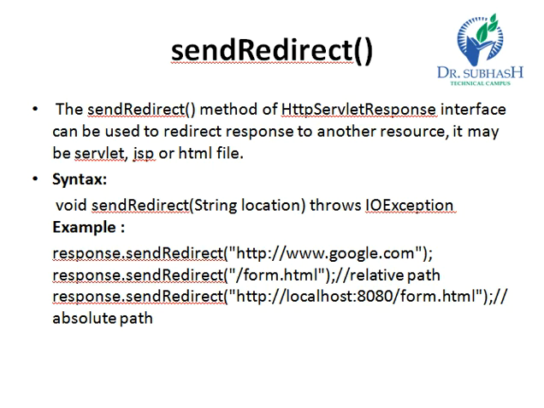So every time a new request is created and executed to that other resource, while in the forward and include methods, no new request is created but it is modified, and we just pass that data using the same object to another resource.